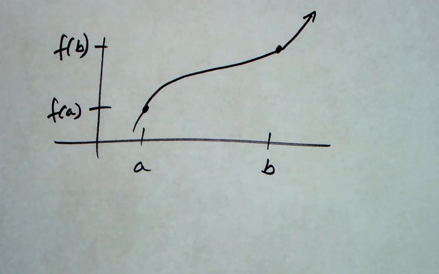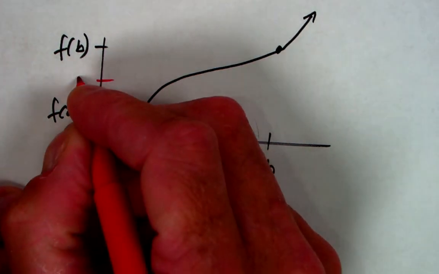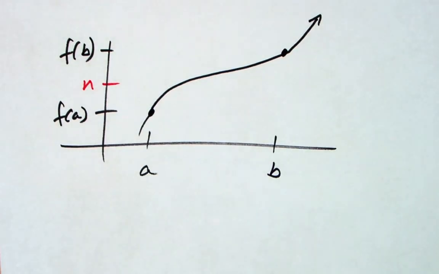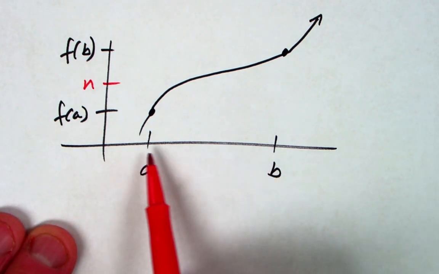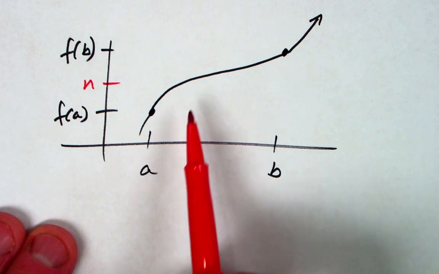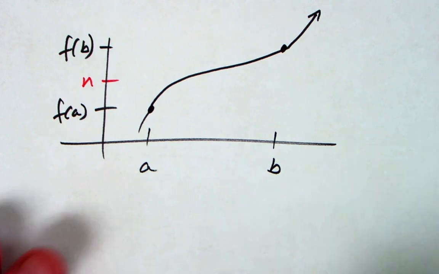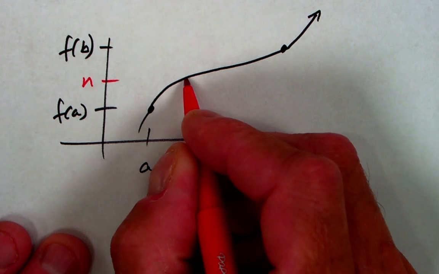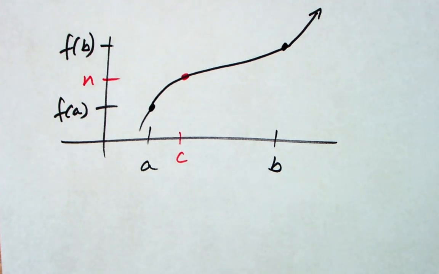It says that n is between f of A and f of B. So there's some value n. It's saying that there is some value C somewhere in here that if I plug it in, I get this value n. Would you agree with that? That there's some value C between A and B where f of C does give me that result.